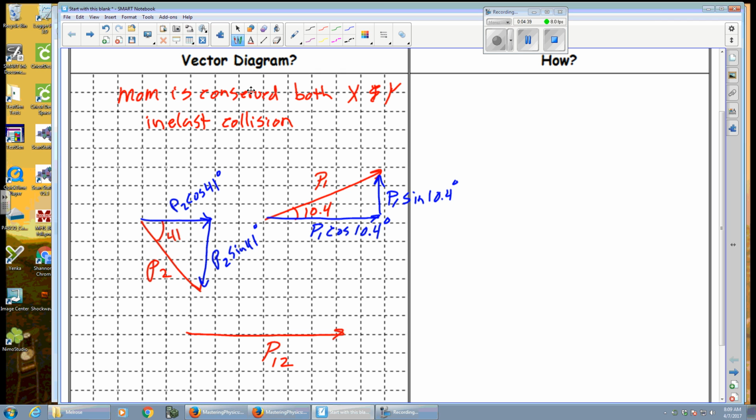One of the things also to be careful of in your calculator is that you make sure you're in degrees, not radians, right? Otherwise you get really wacky answers. So, momentum is conserved in both the x and the y direction.